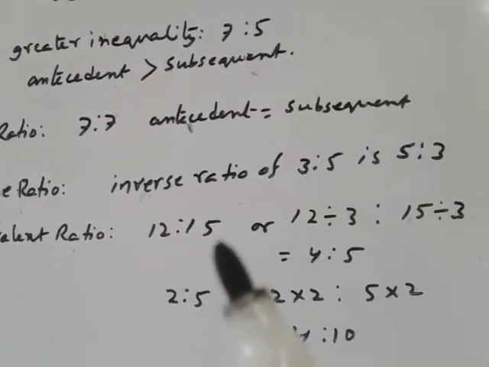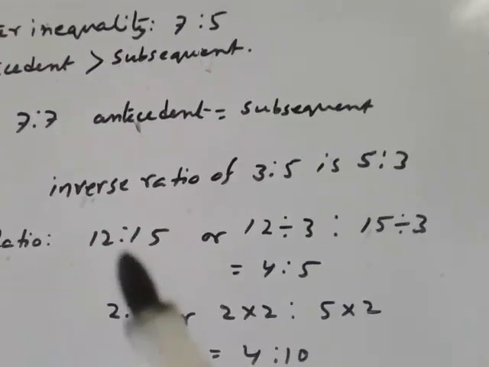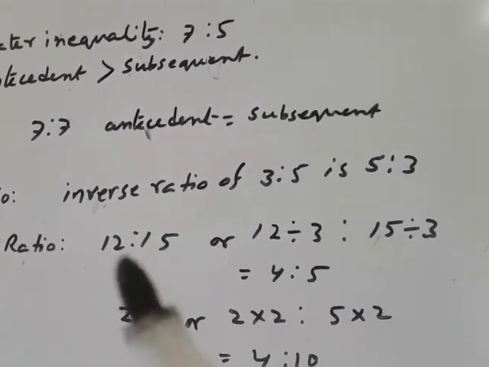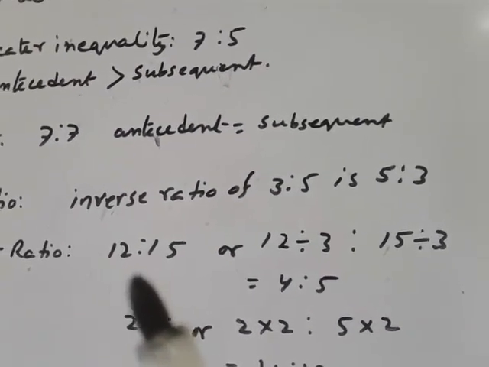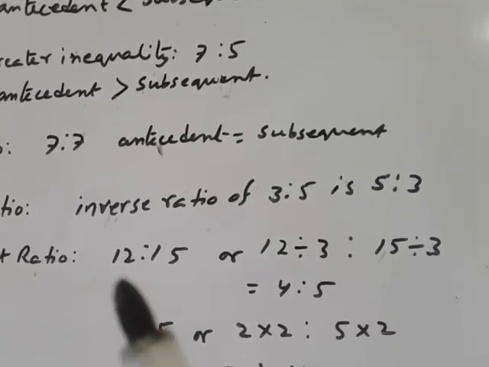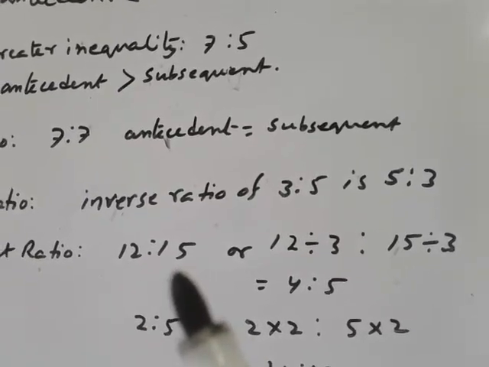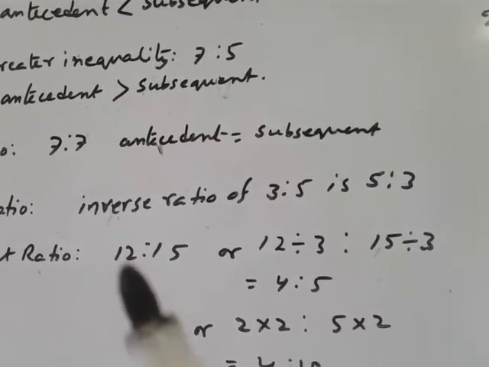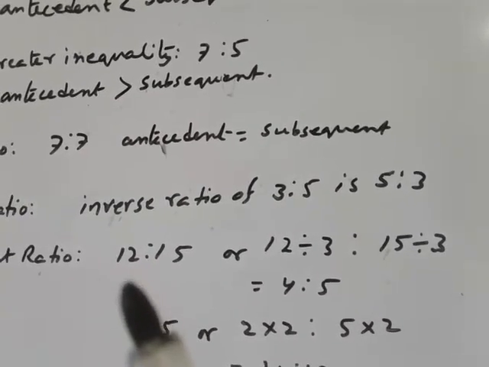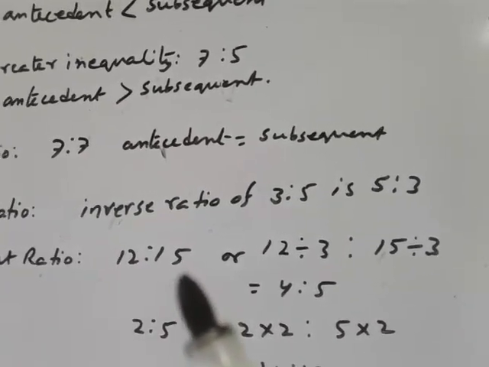Equivalent ratio, 12:15. Equivalent means we have to divide or multiply antecedent and subsequent by the same number. This antecedent is 12 and subsequent is 15.